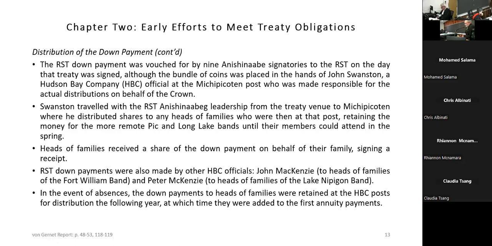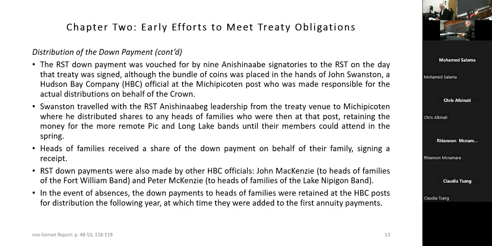So the RST down payment was first vouched for by these 9 signatories to the RST. Right on the same day that the treaty was signed, they vouched for the full amount of the down payment. But the bundle of coins was actually placed in the hands of the Hudson's Bay Company official, John Swanston, who at the time was the chief trader at Michipicoten, the nearest big Hudson's Bay Company post on Lake Superior.